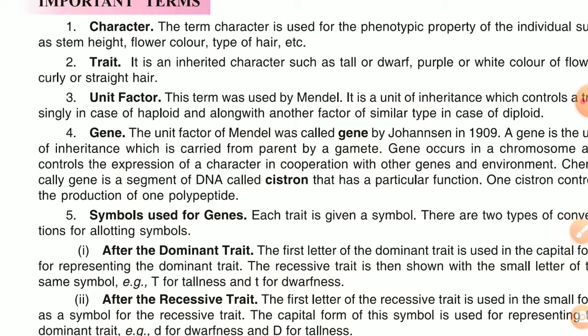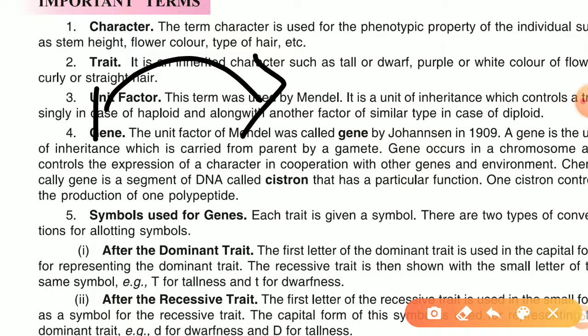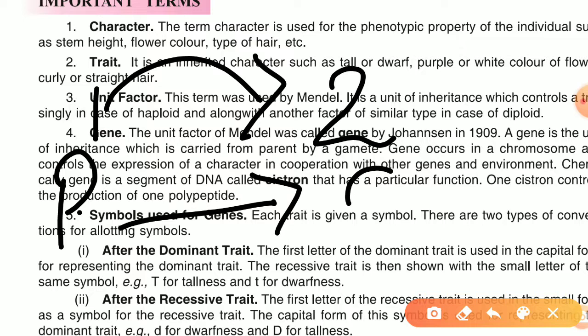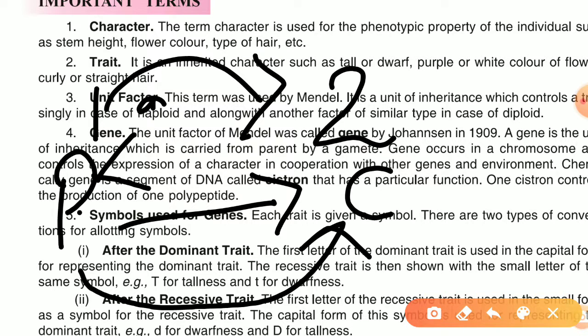Which carries characters from one generation to the next generation. Means पेरेंट्स के फीचर्स, पेरेंट्स के कैरेक्टर किस तक लेके जाता है? उनके चिल्ड्रन तक. And how does a gene reach from parents to children? You have studied about sexual reproduction. You know that in sexual reproduction, parents make gametes.